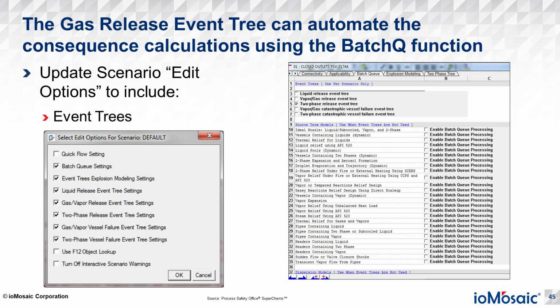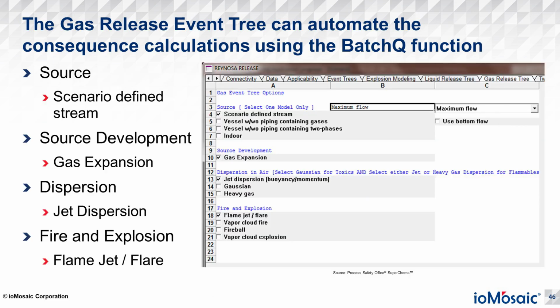And there's a number of different event trees you can select. In our case, it was the gas or vapor release event tree. You can either choose individual models, or what we can do is go to the gas release event tree and select our source.